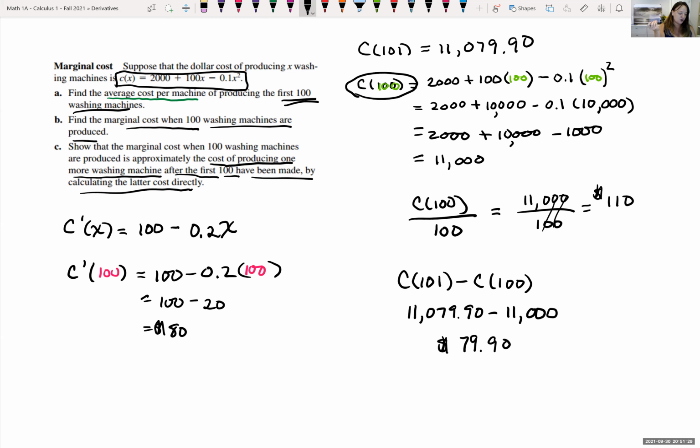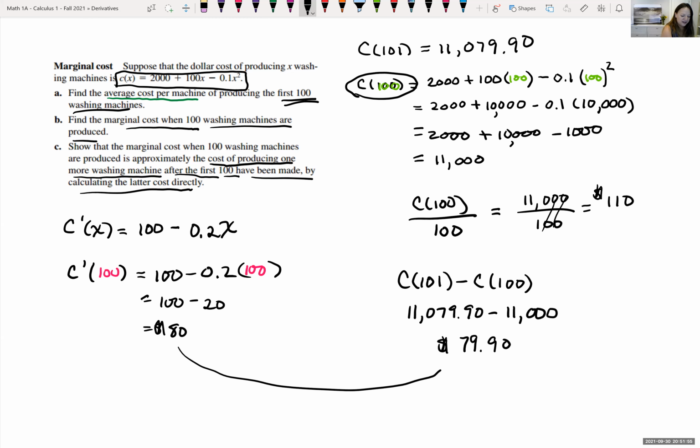So it's easier to find the derivative than to find the value at the x before the one you want to see. Basically, C prime of x is approximately the same thing as the cost of producing the x plus 1 item.